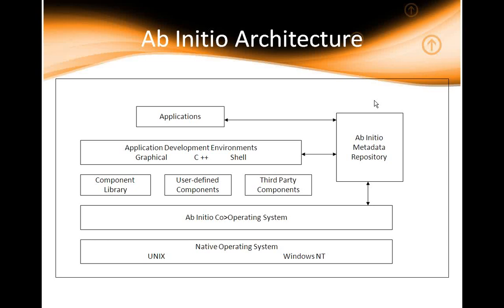The same way, in Ab Initio also we have server and clients. The second layer from the bottom is the Ab Initio Co-operating System, which is nothing but the Ab Initio server. This Ab Initio server is installed on a specific operating system, which could be Unix or Windows.